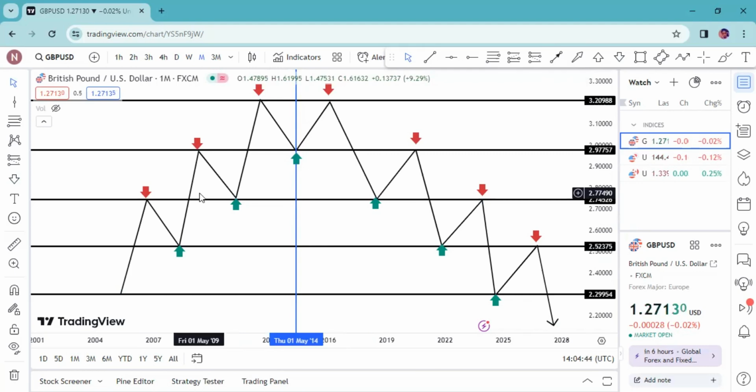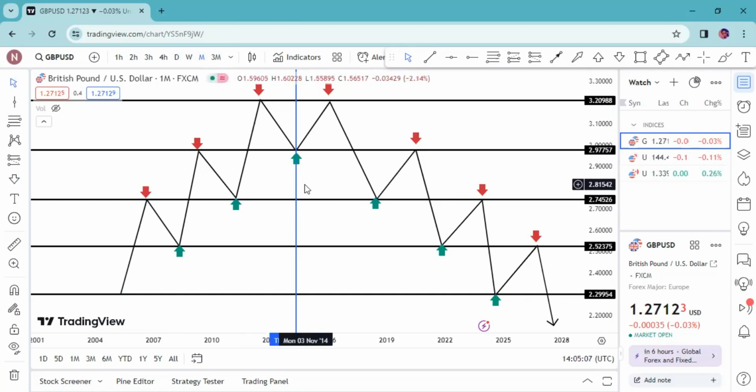For today, our main point is entry. How do we enter the market from these zones? Because you cannot just place your trade here and put your stop loss here and expect the market to go in a straight line so you make money, especially on a monthly time frame. Things don't work like that.